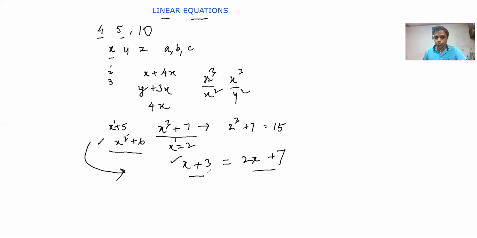This is what we do in the linear equation. I hope you have understood the meaning of linear, meaning of equation. Now we can do any sum.